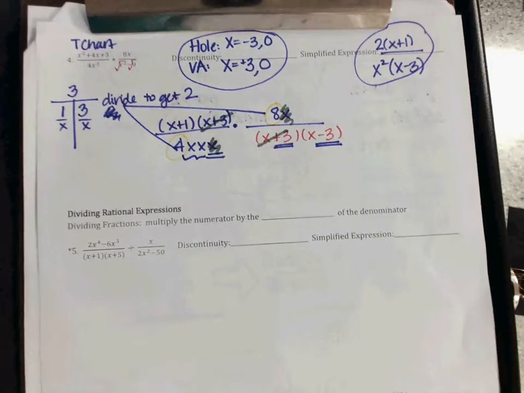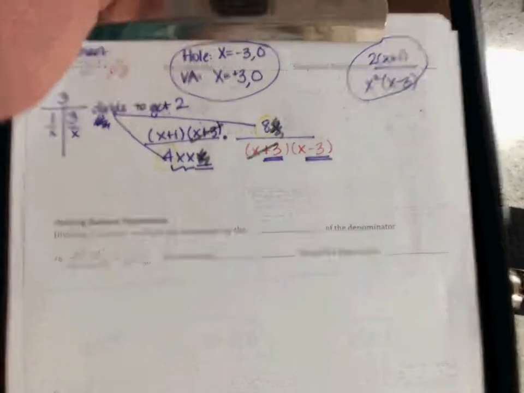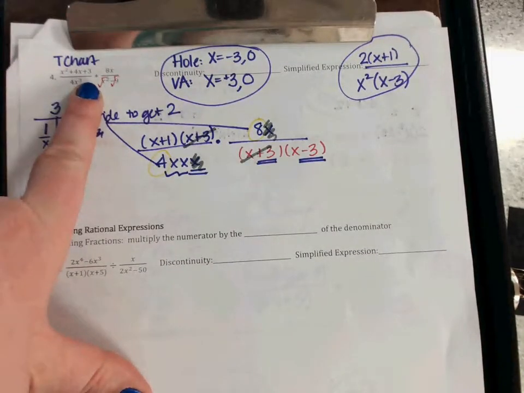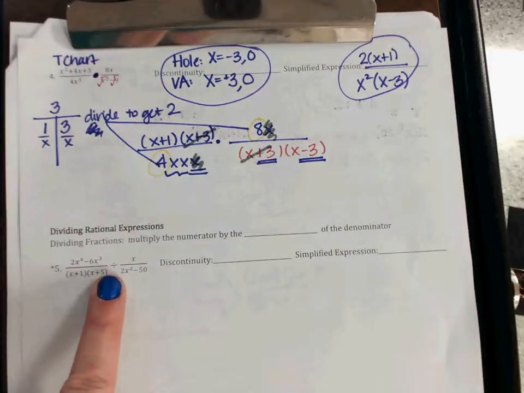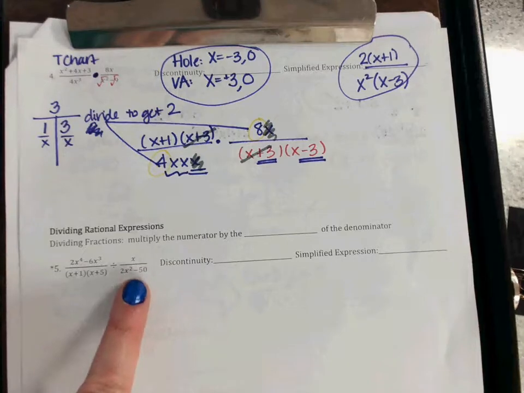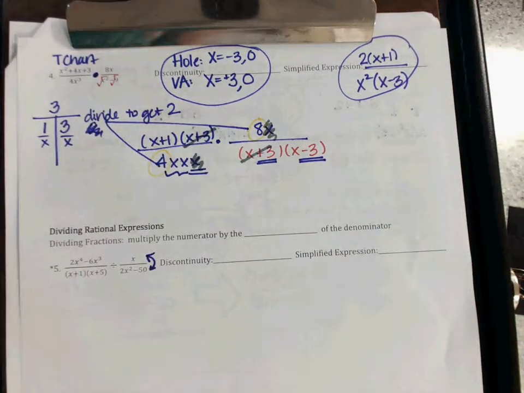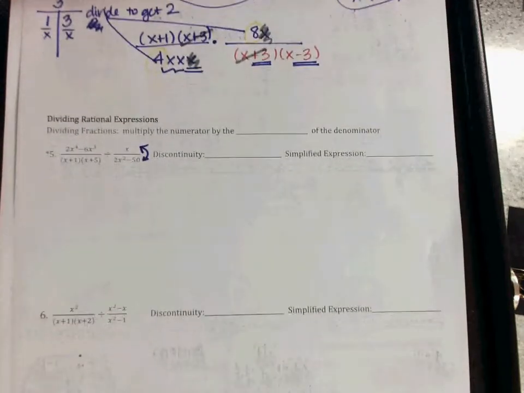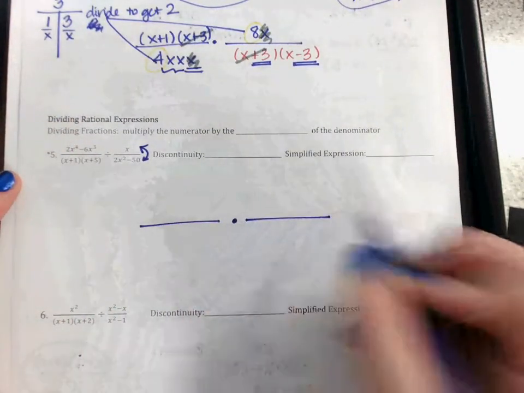Last thing we learned yesterday was how to divide these. So notice the other 2 examples both had a multiply symbol in the middle. When it is a divide by symbol, that means you're going to have to flip this second fraction. So go ahead and set up your multiplication problem.